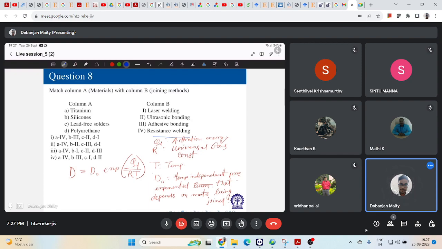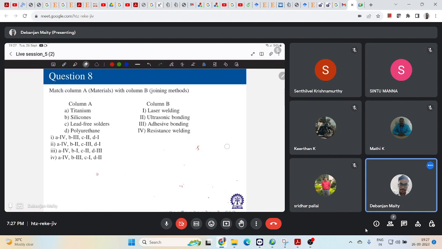The heat generated depends on the current flowing through the material, the electrical resistance of the material, and the time, so H equals I squared R T. That is the fundamental principle of resistance welding, and it remains the same for micro welding also.